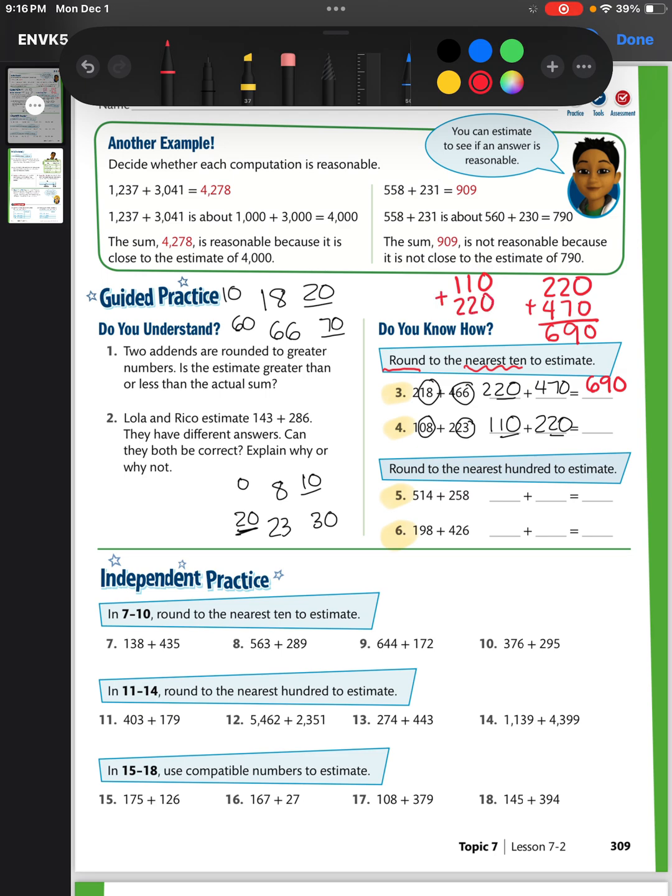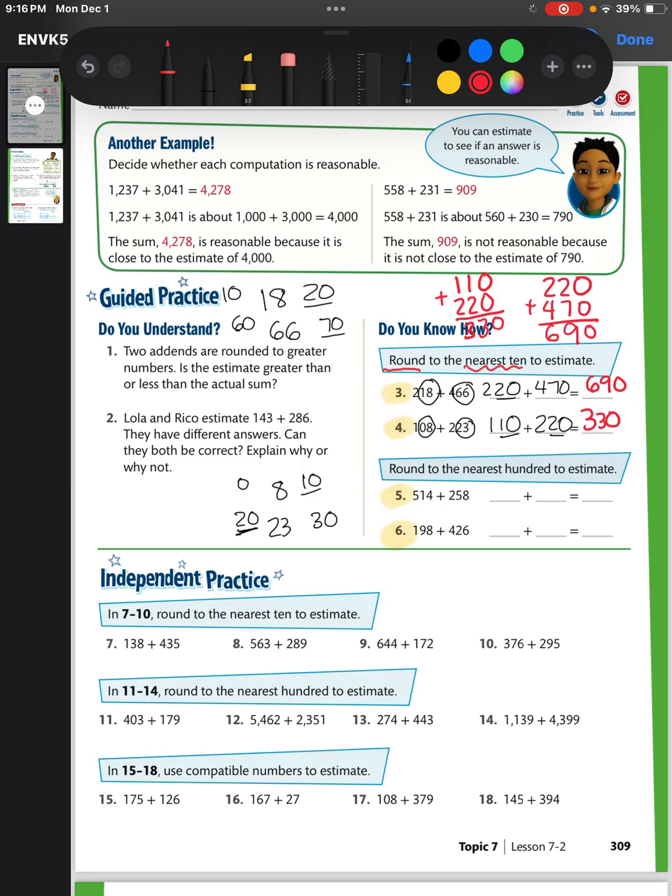Make sure you're right. So 0 plus 0, 0. 1 ten plus 2 tens is 3 tens. 1 hundred plus 2 hundreds is 300. So 330 is the sum of these two numbers.